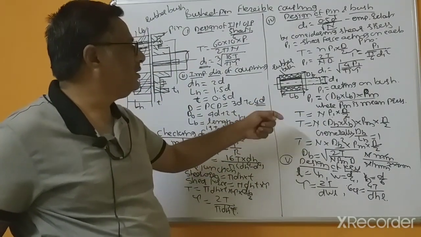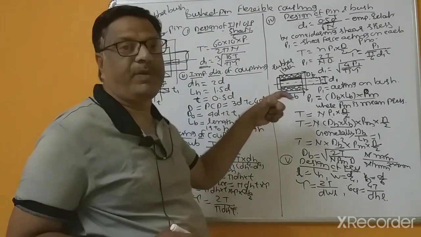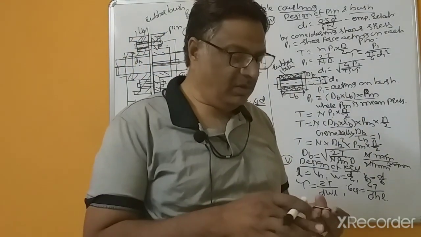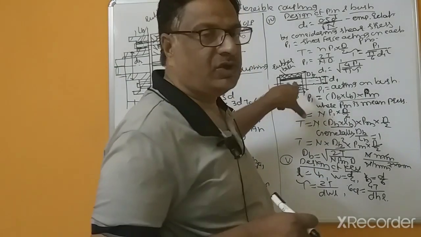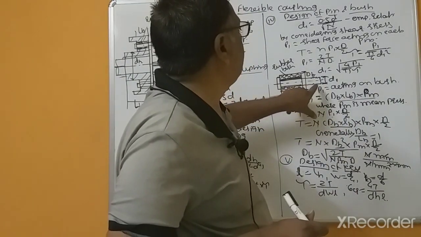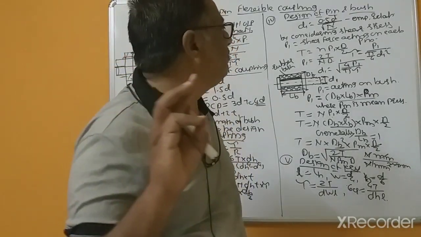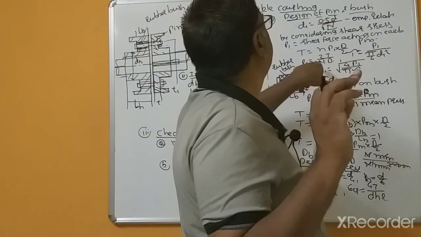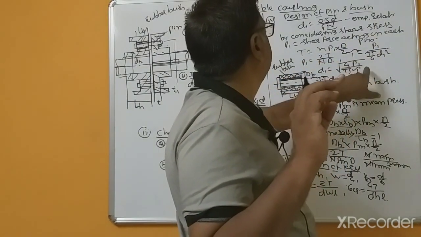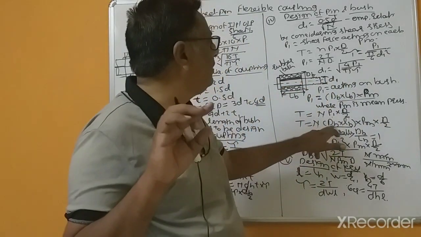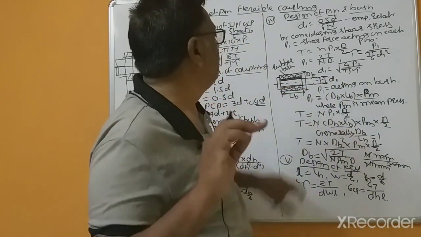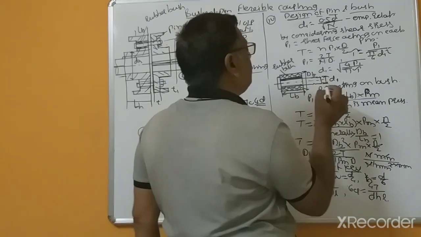Again, you can consider the design of the pins as per the considerations of bending stress. If the bending stress is given, then you can also design the diameter of the pin. So the diameter of the pin is found by using empirical relations, by using direct shear stress, and then the diameter of the bush and the length of the bush.